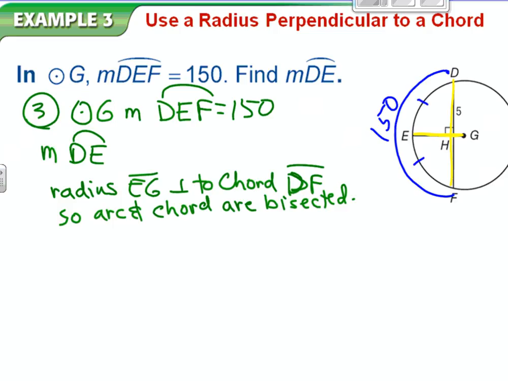These you can mark as the same. So then that means the measure of arc DE is 150 divided by 2, or 75. And you might even want to mark DH and HF as congruent, just so that as you do other problems, you know those are also the same.